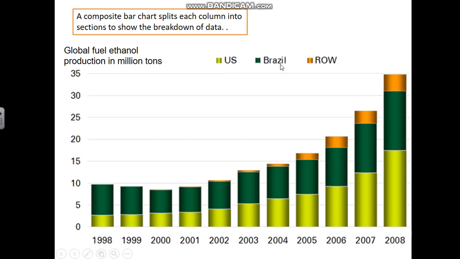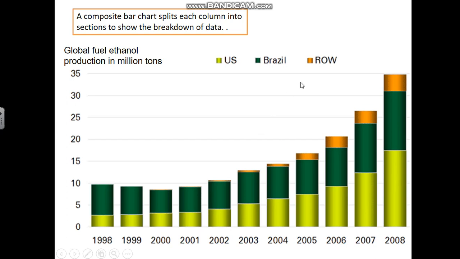Brazil is the dark green colour, so we can compare that directly to the US. Here we can see Brazil was producing more than the US. At this point, 2004 and 2005, they probably got equal amounts, but from 2006 onwards, we can see that the US is actually producing slightly more.